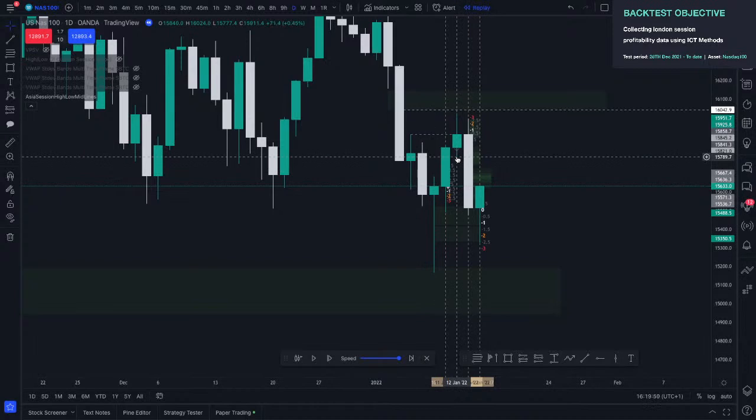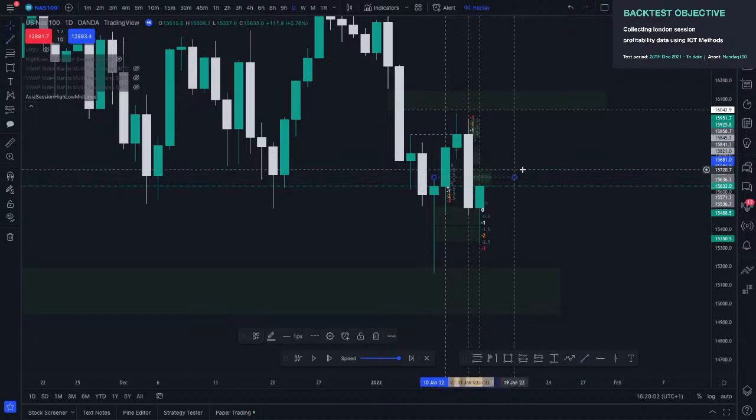We have imbalance here that was not tested, and we have new imbalance here. So I think we are going to tap somewhere in this zone. I still believe that we are bearish.